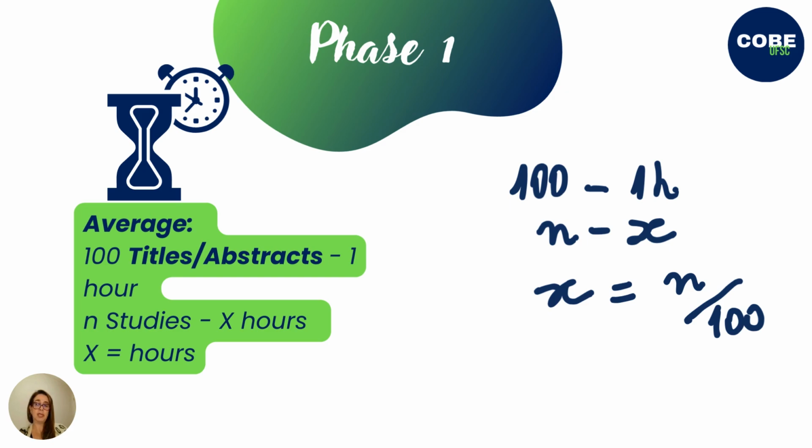To find the total time X hours needed to read n titles and abstracts, you can use the formula: 100 to 1 hour and n studies to X hours, and make the rule of 3. This formula will give you an estimate of the total time required for the screening phase based on the number of titles and abstracts to be reviewed.